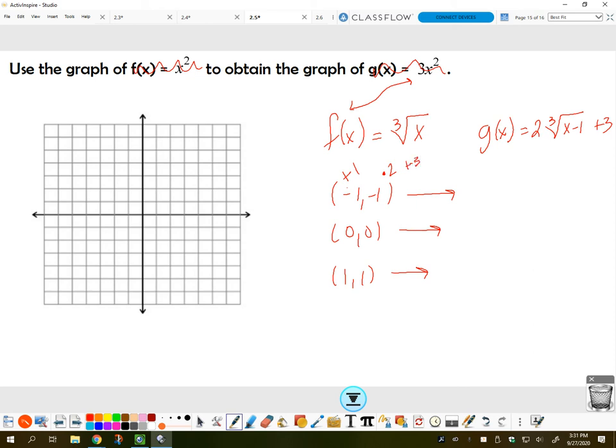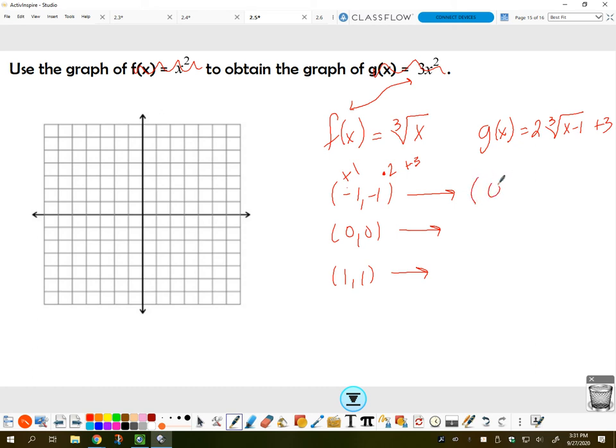All right, so remember, inside opposite to the x's, outside same to the y's. So inside, all we have is that plus 1. So we do the opposite, we add 1 to the x's. Outside, we have a times 2 and a plus 3. Follow the order of operations when there's more than 1.